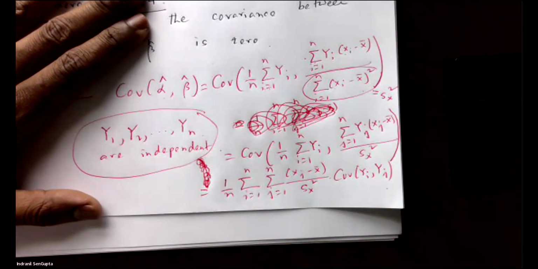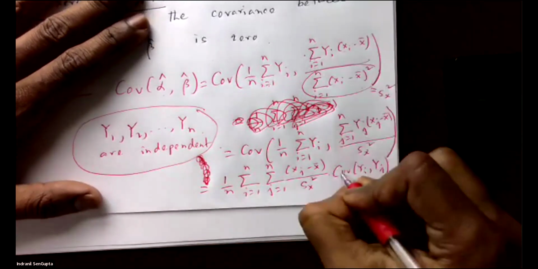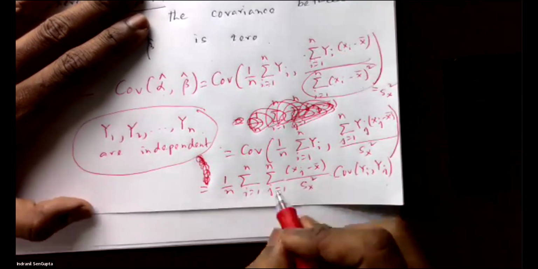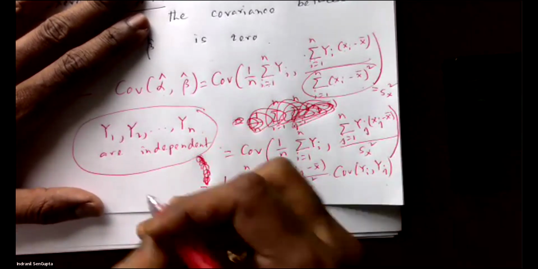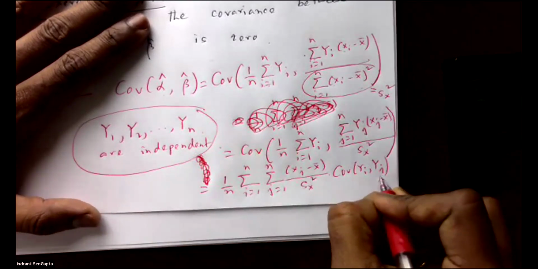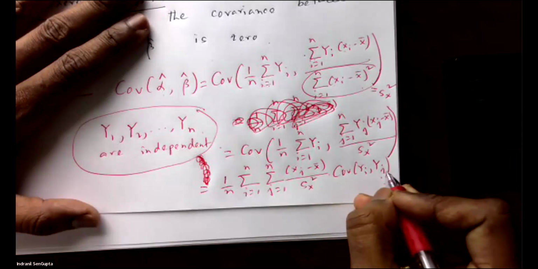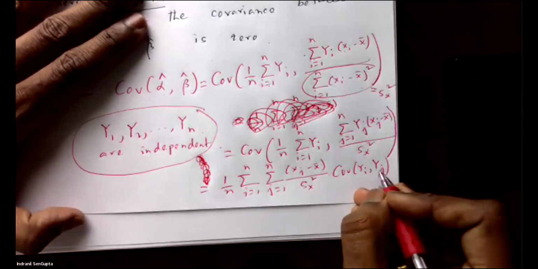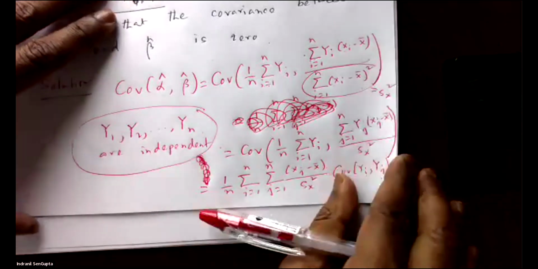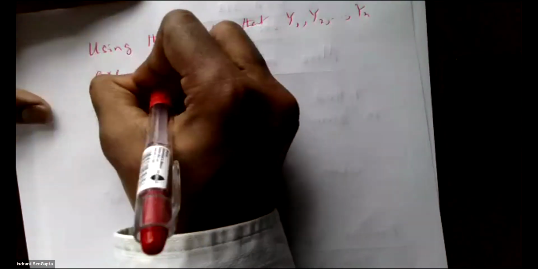And now I'll be using that they are independent. So the cross terms are 0. Only if it's yi with yi is it non-zero, and all the other cross terms are 0 because we are using the fact that they are independent. So what we are doing is using the fact that y1, y2, yn are independent.